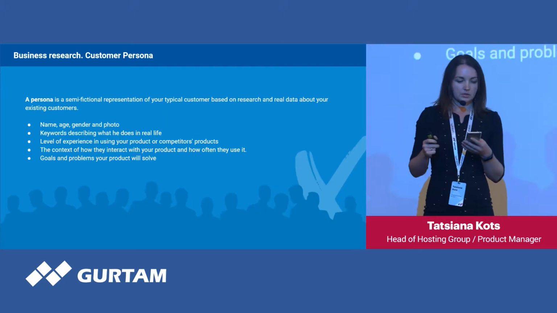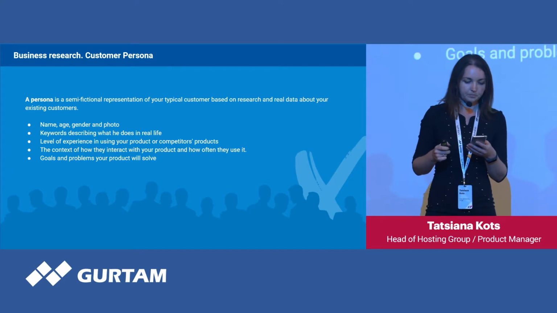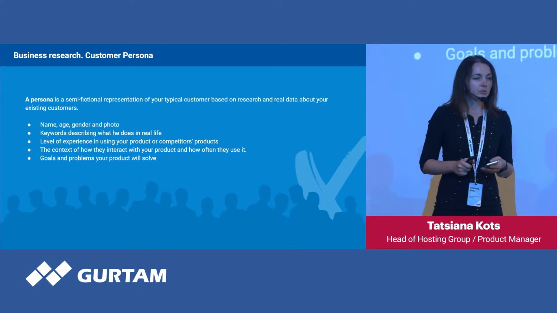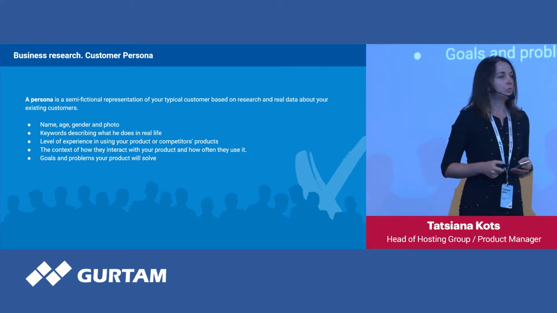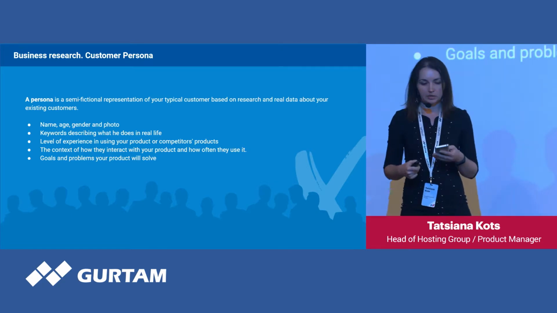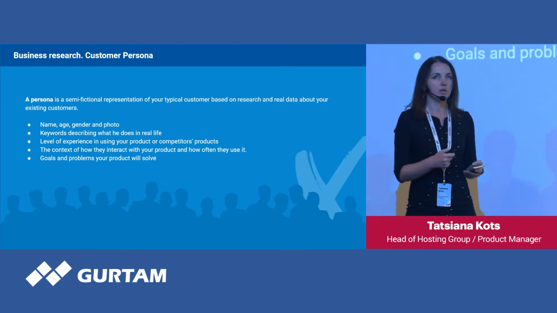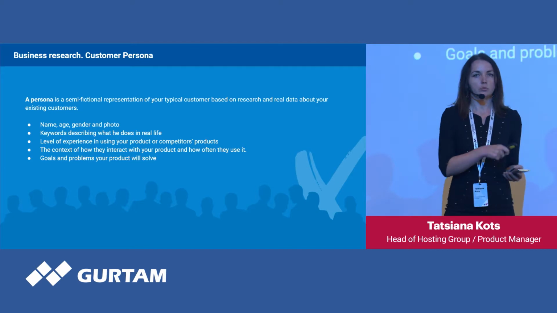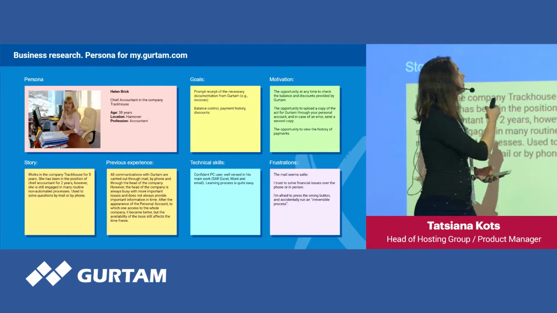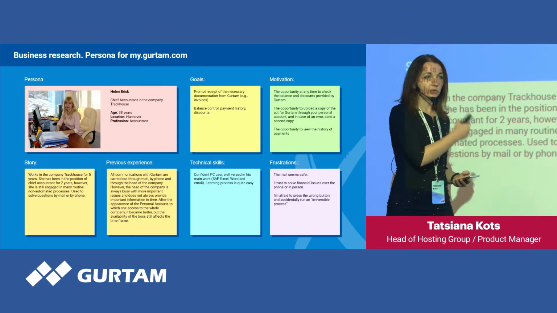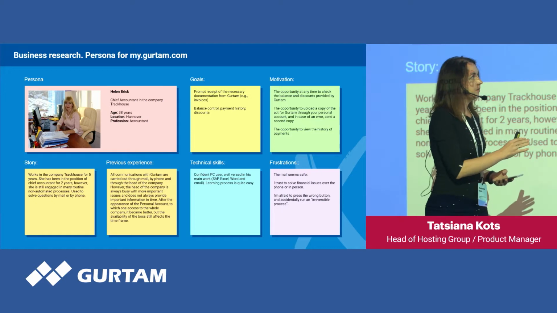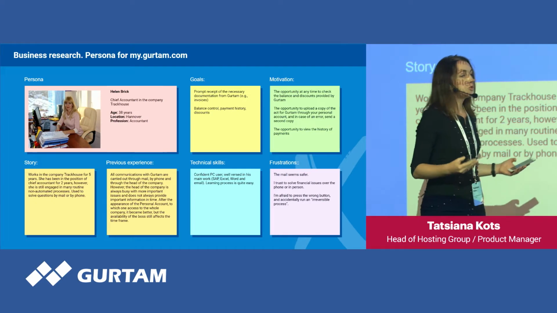Now, the next tool is Persona. A high priority task for Persona is that all team members understand for whom they develop their product. Because if they just ask, what if a user does this? You can ask, why would our Helen do this? Here is Helen, here is her story, and why she would do this.